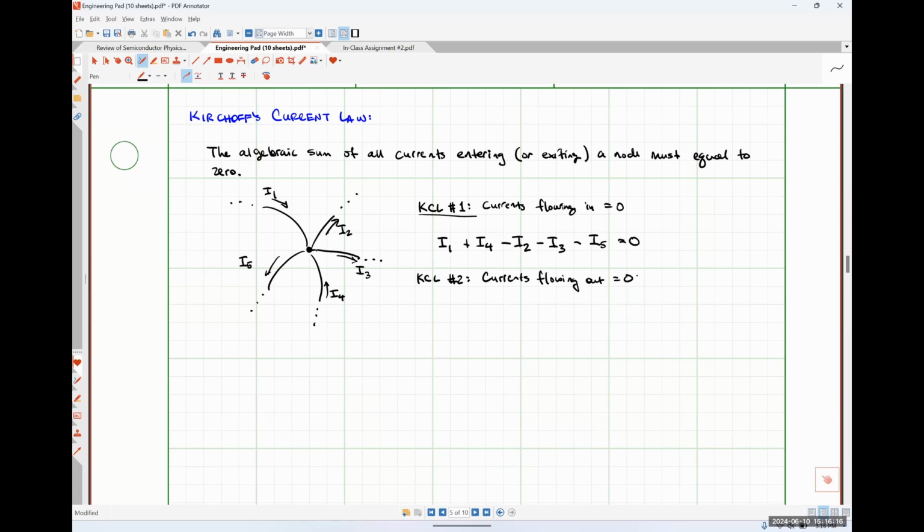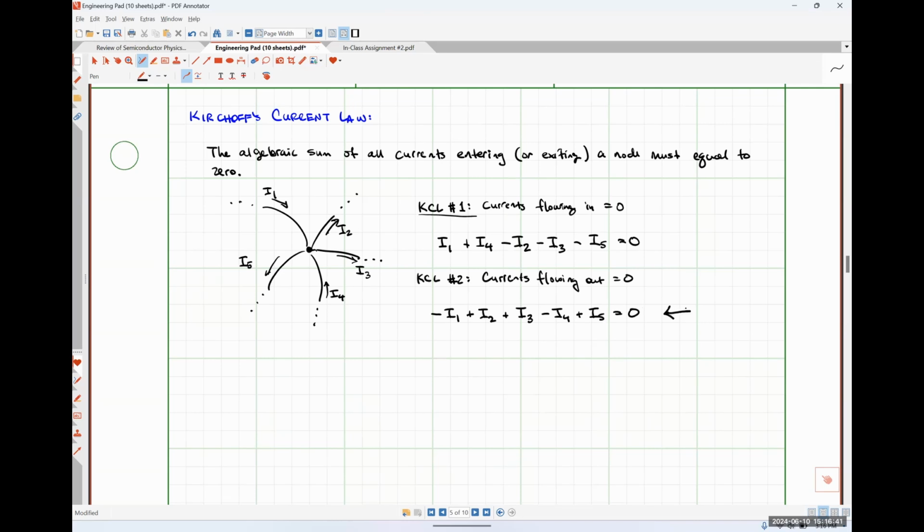So if I1 is flowing in, then negative I1 is flowing out, positive I2 is flowing out, positive I3 is flowing out, negative I4 is flowing out, positive I5 is flowing out, and these must all equal 0.